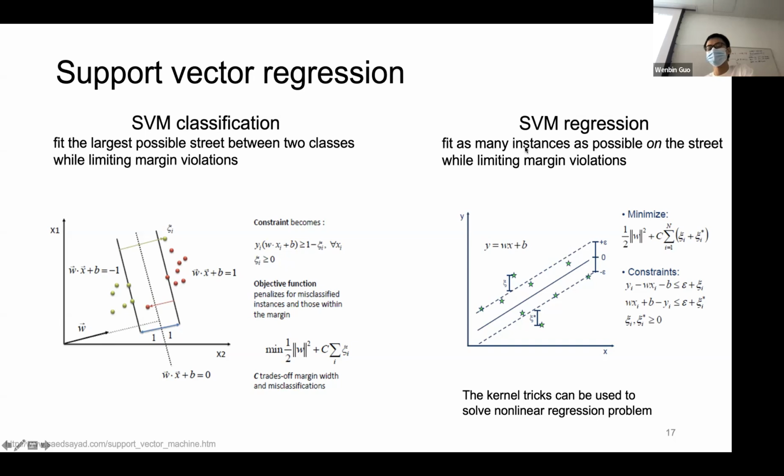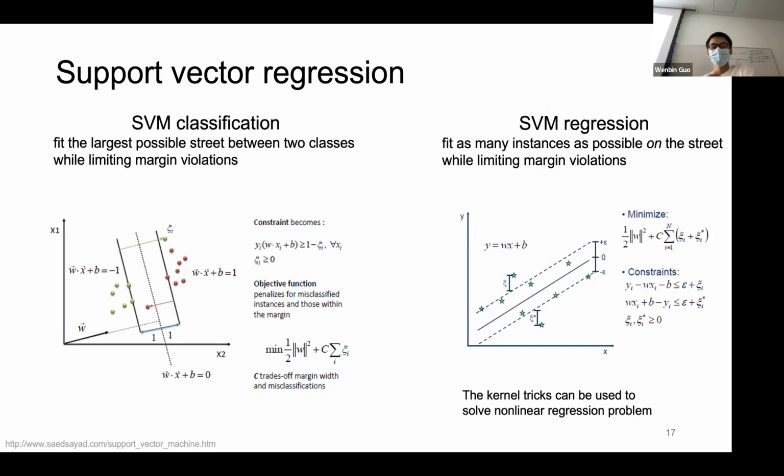This type of trick is also applicable to SVM regression. So in the later Jupyter notebook practice, we are going to talk about one potential usage of SVM when dealing with nonlinear regression problems.